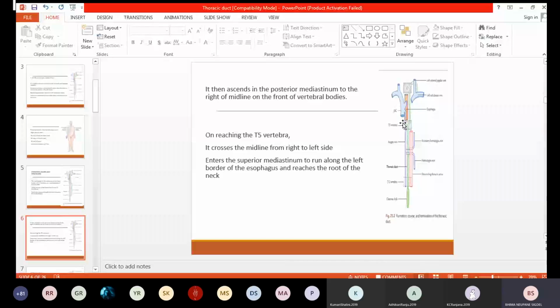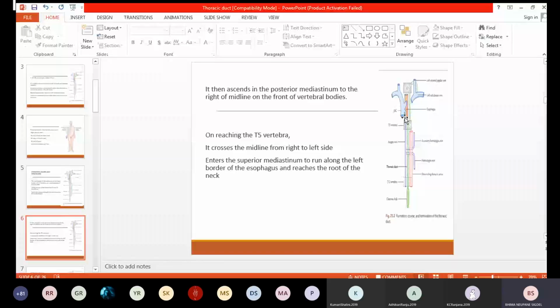First it was straight and then it turns, inclined, crossing the midline and going somewhat towards the left side. So now it comes towards the left side, and you can see the relation with the aorta also. After that it enters into the superior mediastinum.